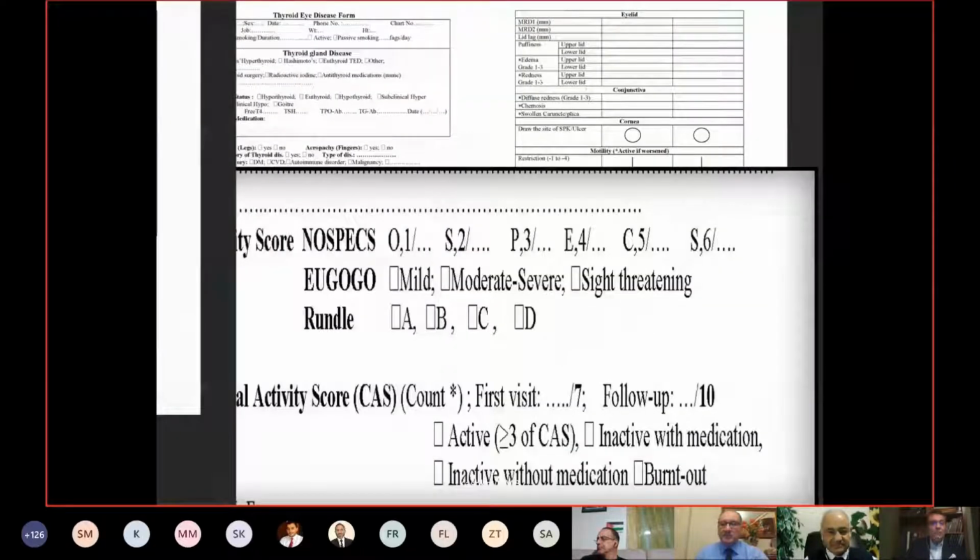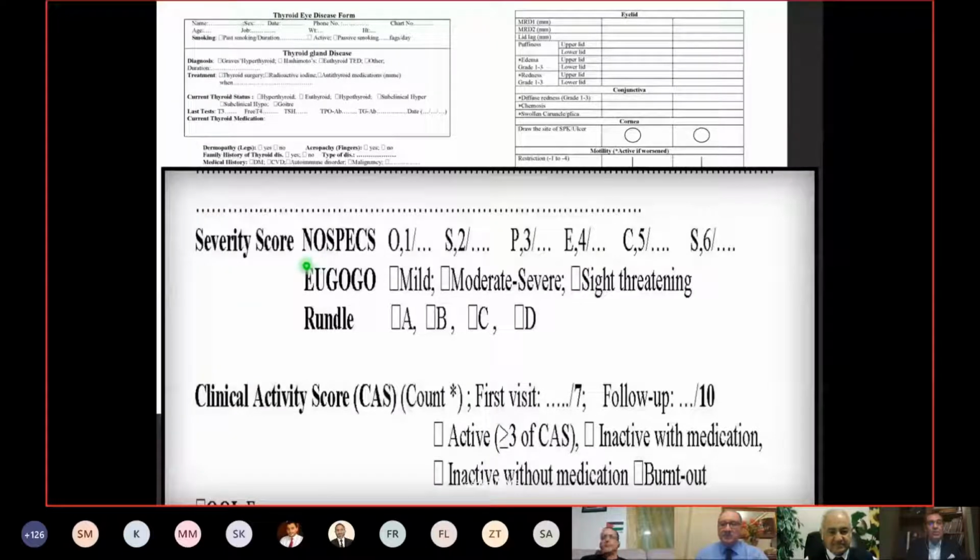This is where we have 3 types of severity score for all of our patients, NOSPECS, EUGOGO, and Rundle, for different kinds of research projects as well as management of the patient. And then we need to have the clinical activity score, what the score is on the first visit and on follow-up. Then at the end, we need to know where our patient is standing. Is the patient active?